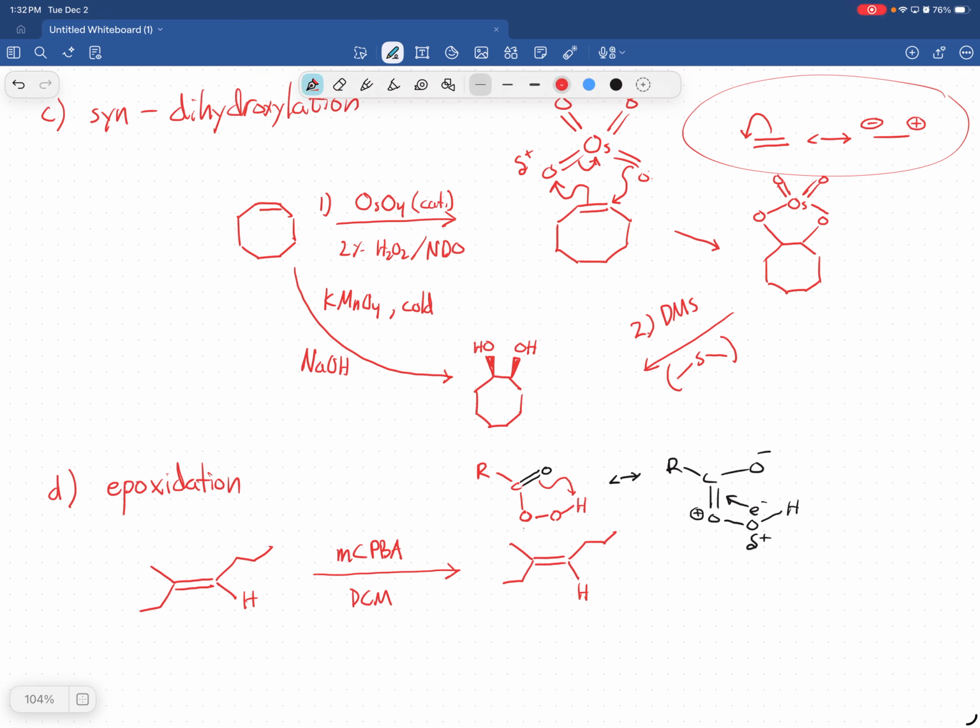Let's restart that. Okay, so this one goes over here. And then this causes these lone pairs to go over here. And then this goes over there. So that's the cyclic transition state.